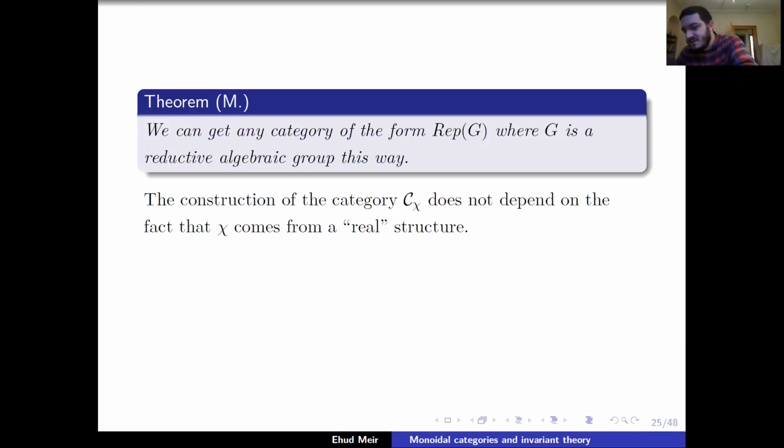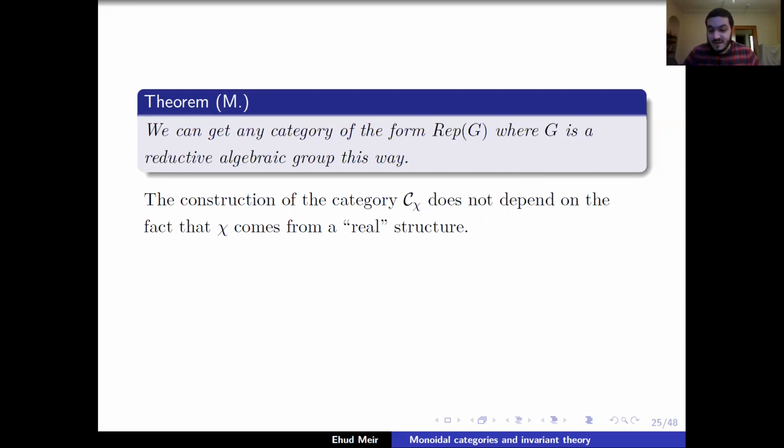Okay, now something that is important to say here is that the construction of the category Sikai does not depend on the fact that Chi comes from a real structure. Remember, we started with saying, let's say that we have this kind of character coming from some structure in vector space, we can construct Sikai. But nobody forced us to take a character coming from this.